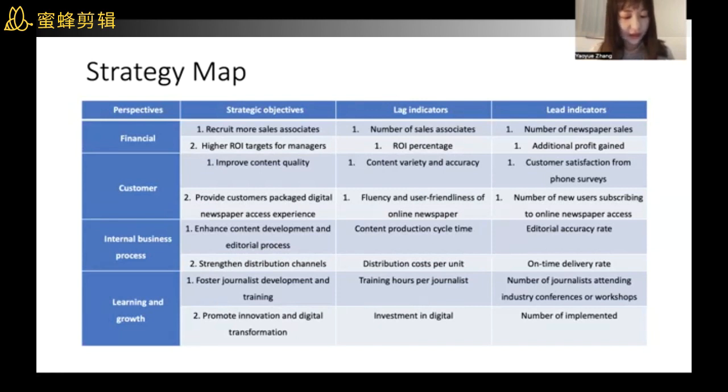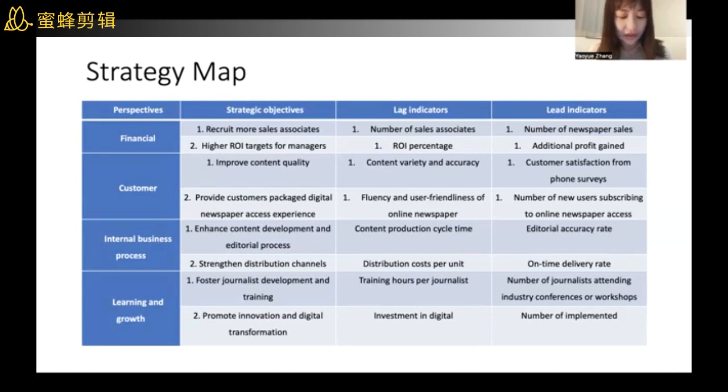The online access should provide easy navigation, quick loading time, and a pleasant reading experience. Multimedia elements like video and infographics can further be incorporated to enhance engagement and satisfaction from customers.